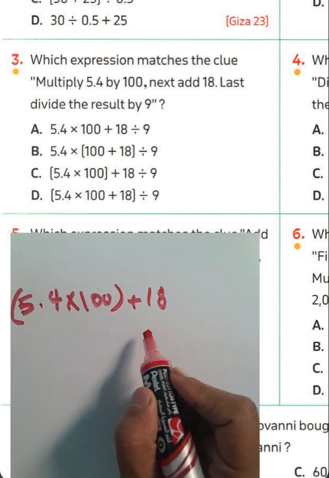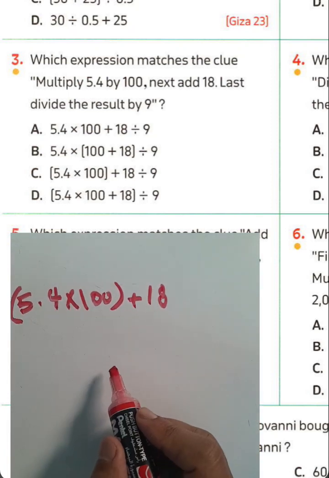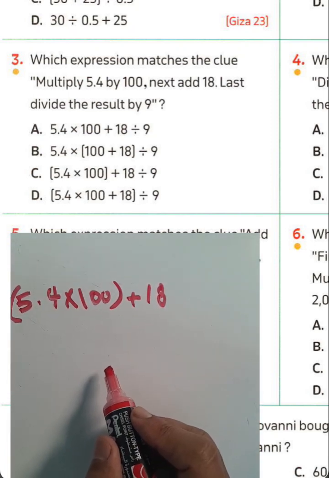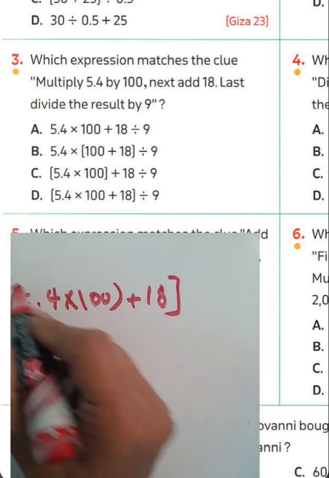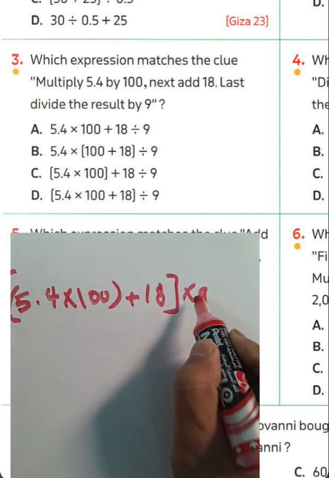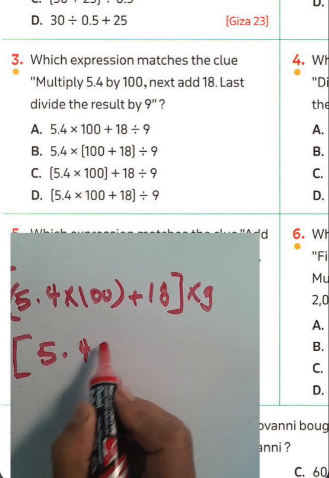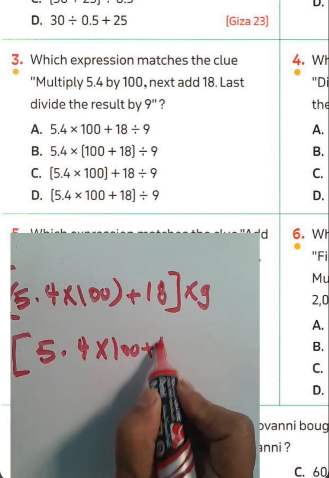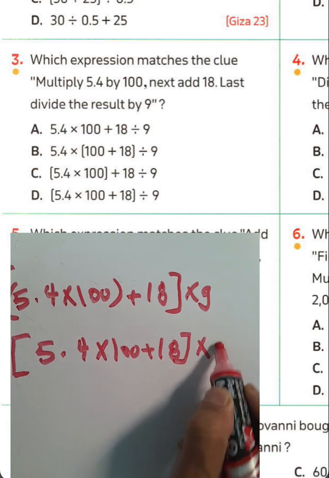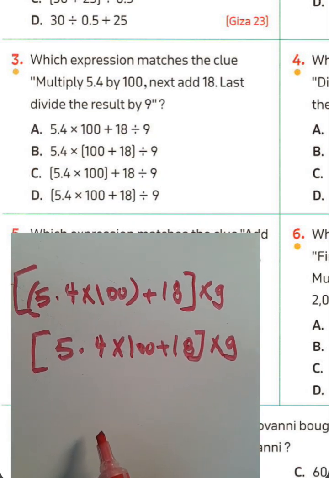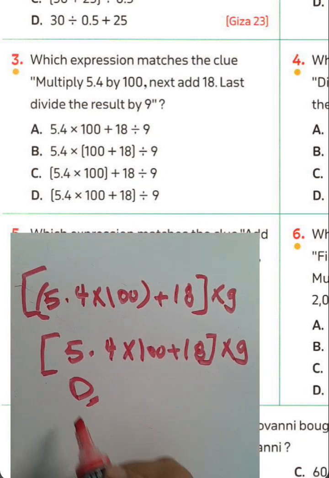Okay, last divided by 9. Last step, divided by 9. Or you can write in one parenthesis 5.4 times 100 plus 18, and divide by 9. Okay, choose letter D for question number 3.